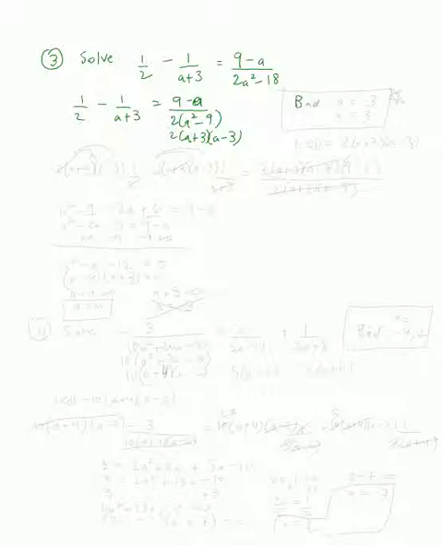So what are the bad answers going to be? Well, we have a negative 3. And we also have a positive 3. Either of those would give us 0 on the denominator. So that makes them not allowed. Now, let's write down our LCD. Our LCD is going to be 2 times a plus 3 times a minus 3.